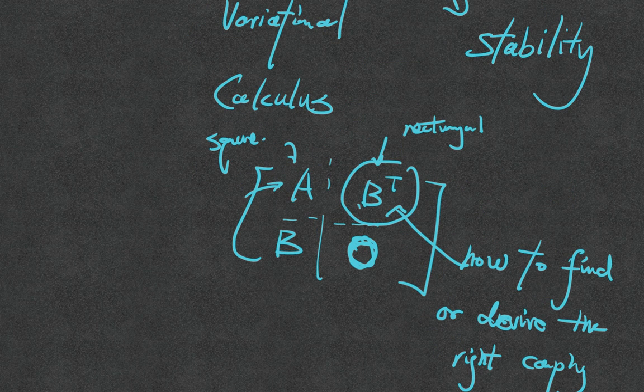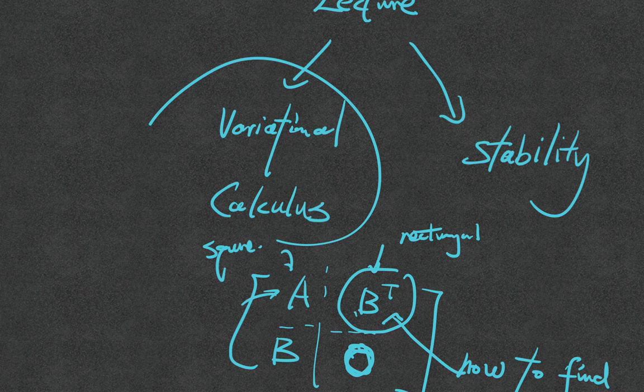The first thing to remember is that you always need to have enough rank. If you lose the rank, it's game over. Does that make sense? If you lose rank, you are guaranteed to have singularity, but later on you will find that having enough rank is necessary but not sufficient to guarantee stability. And we will explain why in the next lecture.